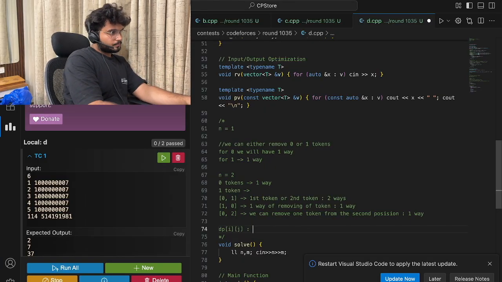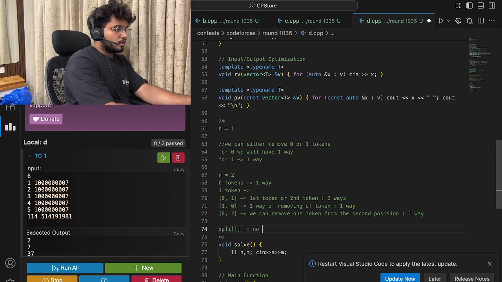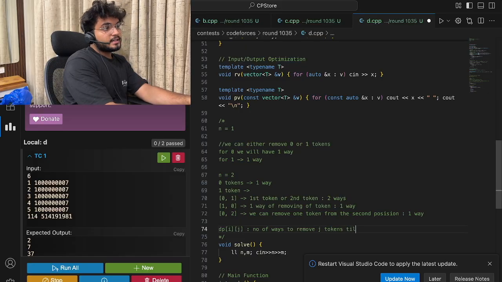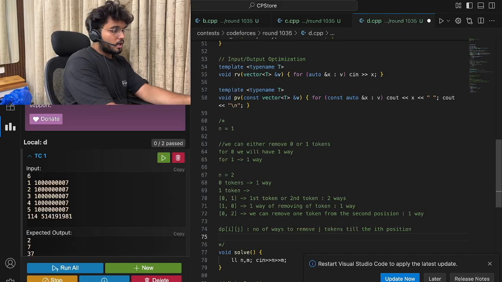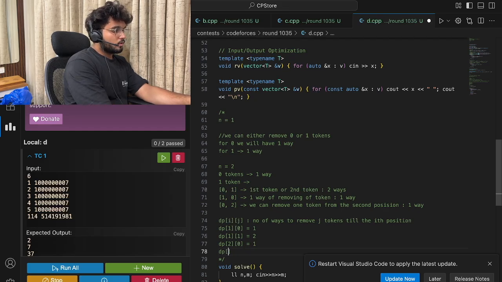So what I'm trying to do here is calculate the number of ways to remove j tokens till the ith position. According to this, dp of 1,0 will be 1, dp of 1,1 will be 2, dp of 2,0 will be 1, dp of 2,1 will be 4.